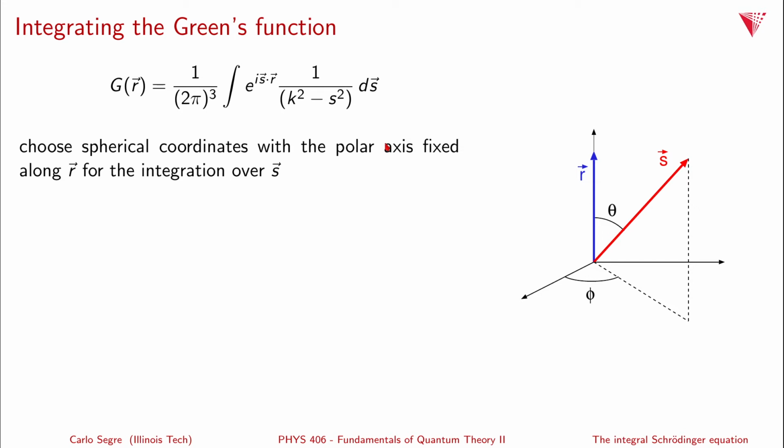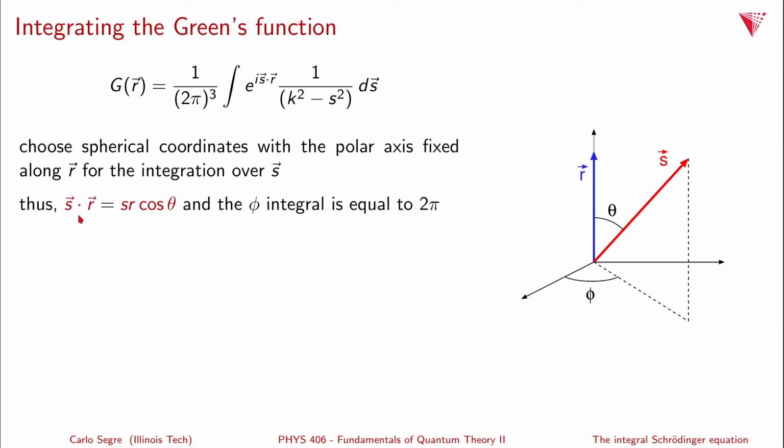We first choose spherical coordinates for s with the polar axis, the z sub s, along the r vector.